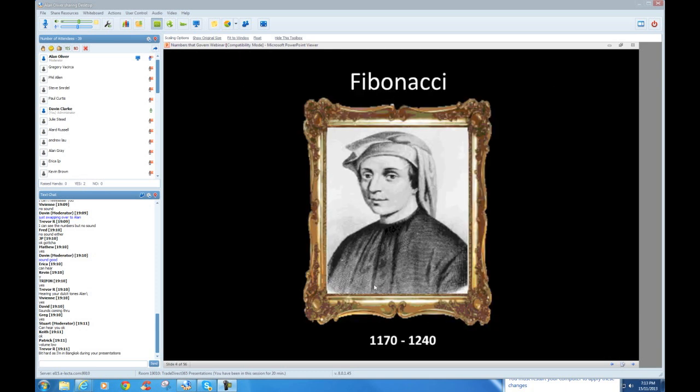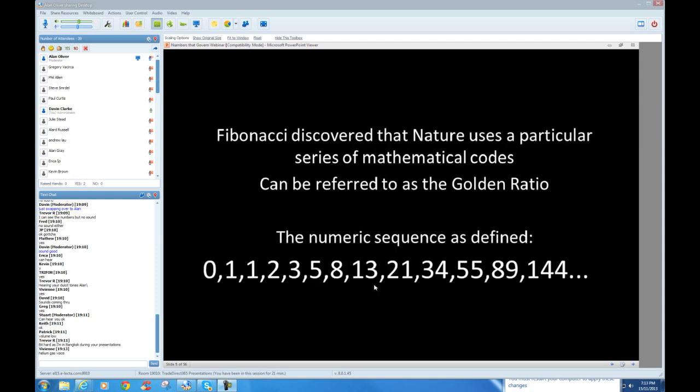Now, Fibonacci was a talented mathematician, and he wandered around Europe with his father, who was a customs officer. And primarily what happened was that Fibonacci did a lot of work on the pyramids, and he found that there were certain numbers and certain codes in the pyramids that he had found in nature itself. But the essence of the code is that there are specific numbers which seem to repeat in nature. Nature's obviously using this mathematical code in its construction.